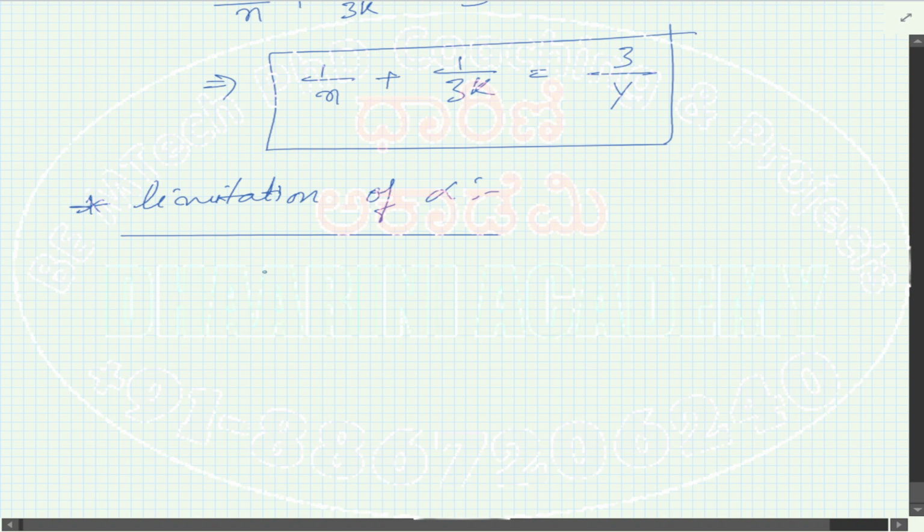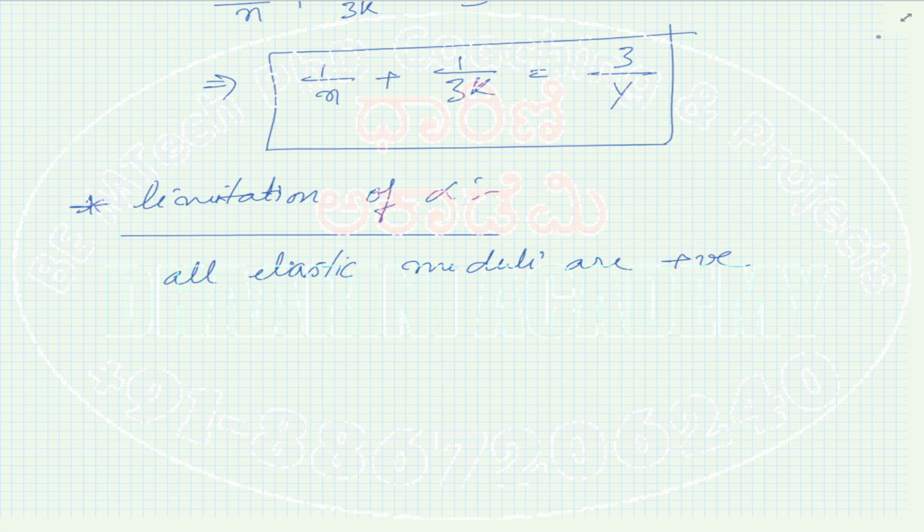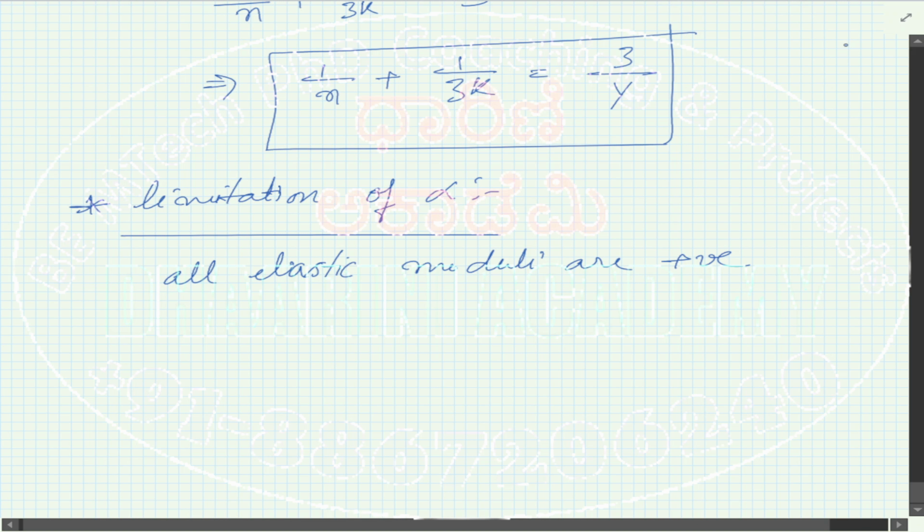So all the elastic moduli are positive. If you check each equation, we have a term 1 minus 2 sigma. So this implies the 1 minus 2 sigma which you have in each term is always positive. Only when this is positive, I can get every term positive.